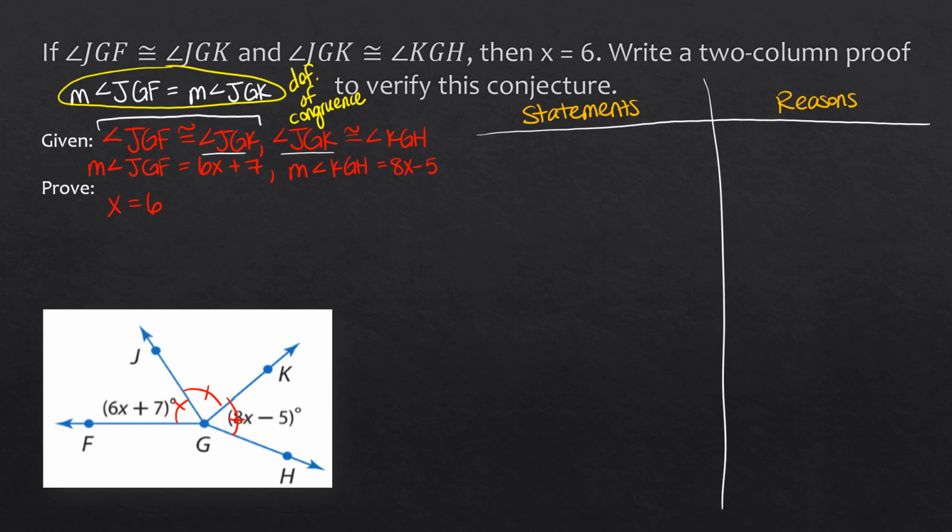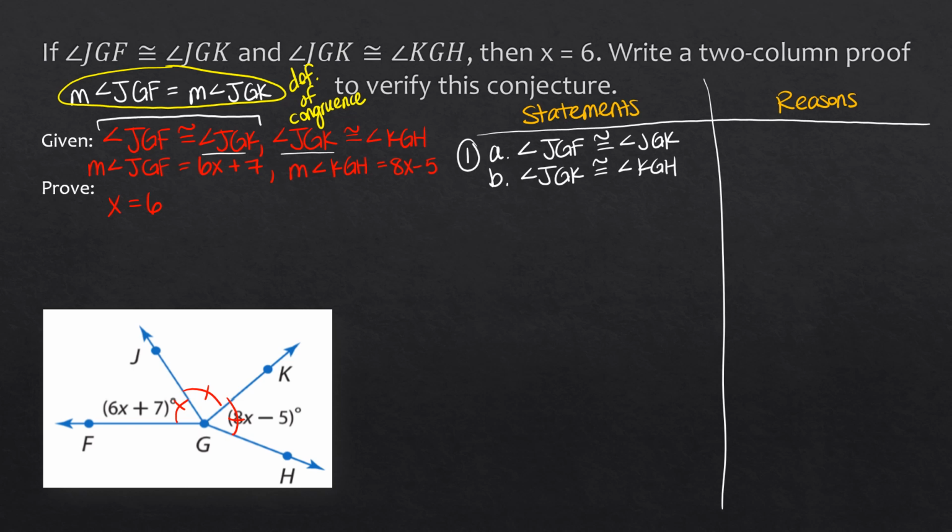Okay, so here's how I'm going to list my given information, because there's a lot of it. I'm going to sort of list it out, like here's step 1, and here's the first part of step 1, like A. Angle JGF, I'm really just restating what I wrote over there, is congruent to angle JGK. Part B is angle JGK is congruent to angle KGH.